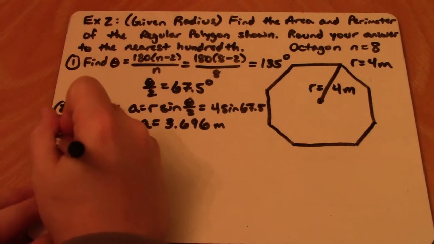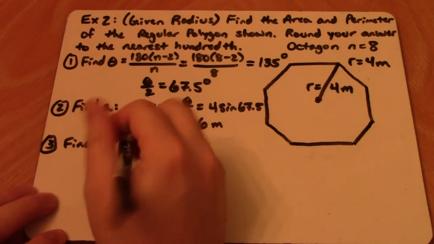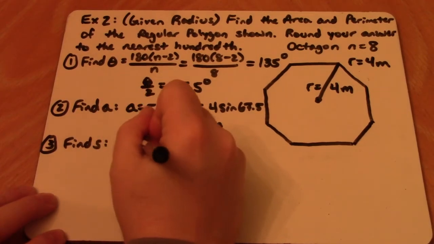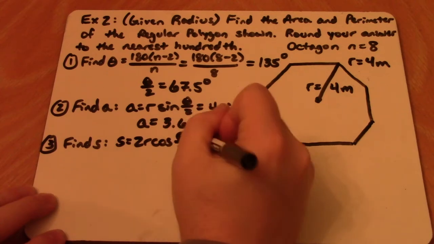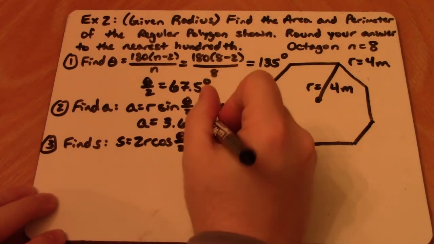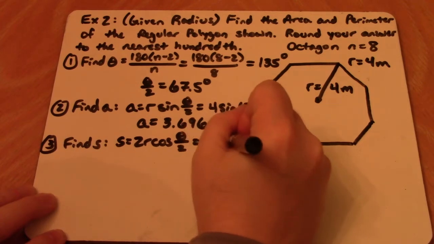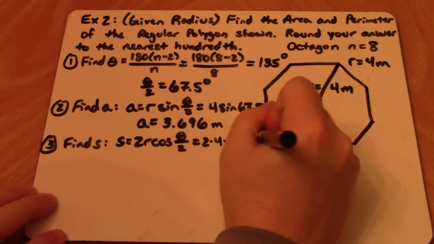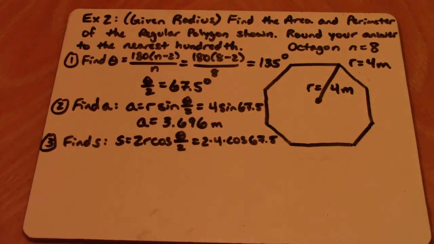Now we're going to find the side length. We do that using the other equation from earlier in the problem. S equals 2R times the cosine of theta over 2. So that's 2 times 4 times the cosine of 67.5. We feed that to the calculator.